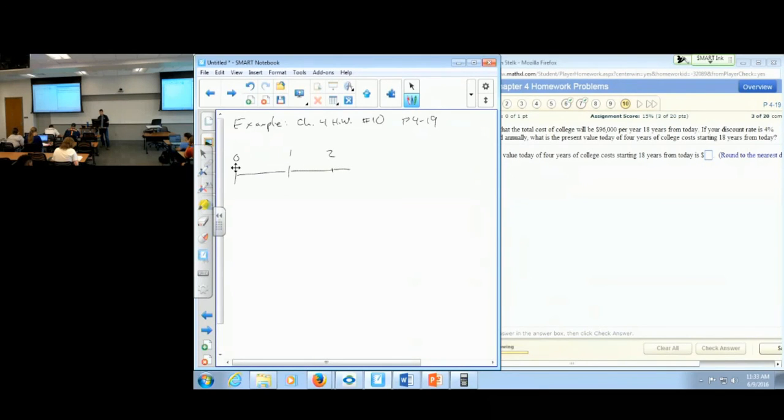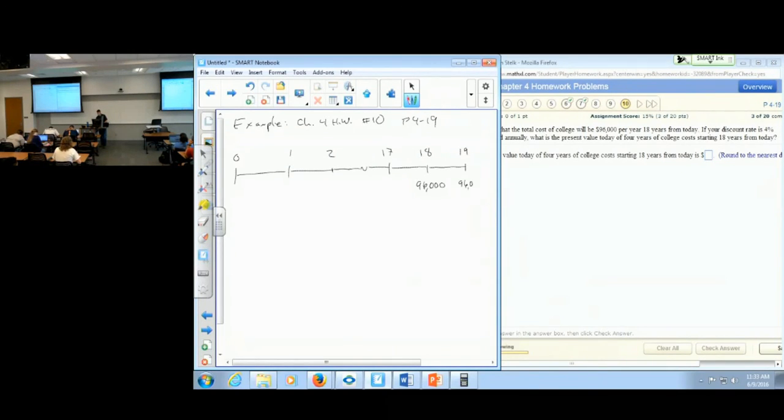All right, so I'm going to do years 1, 2. I'm going to do my little squiggly here, and I'm going to start with year 17. I'll tell you why in a second. 18 years from today is when we think we're going to have to start paying those college costs. That's when we have the first $96,000 payment. And we're going to have that for 4 years, assuming we can get somebody through college in 4 years.